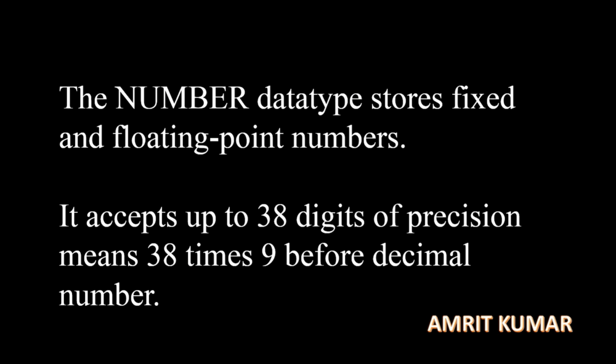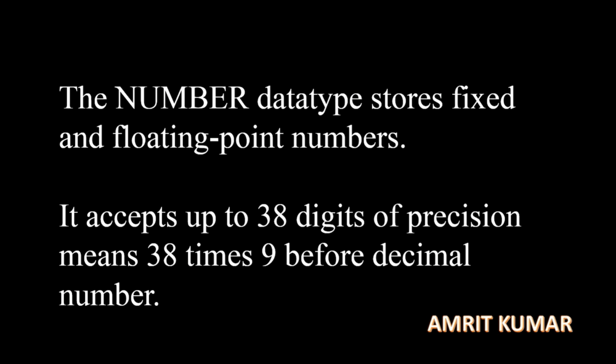So we can say that the number data type stores fixed length and floating point numbers, and it accepts up to 38 digits, meaning its range is 38 digits. You might think 38 digits is a minimum value, but it is not.